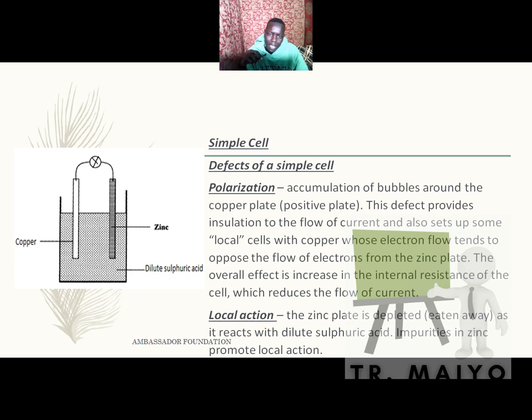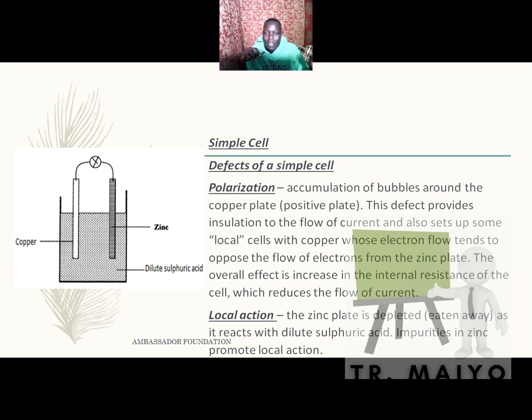Let's see what is polarization. It is the accumulation of bubbles around the copper plate, this copper plate here. After a very short period of time, a lot of bubbles accumulate. And when these bubbles accumulate, the bulb stops lighting. Why? Whenever you see a bubble, it's a gas or it's air, if I may say so.